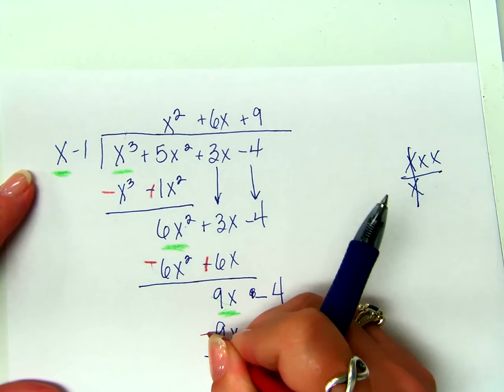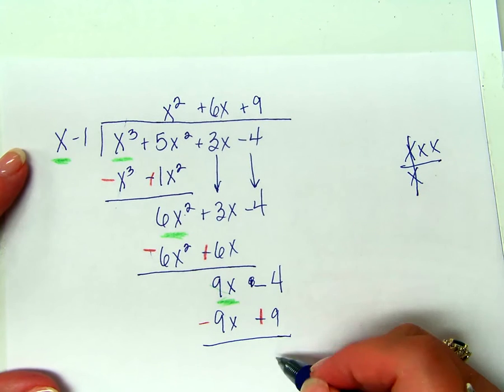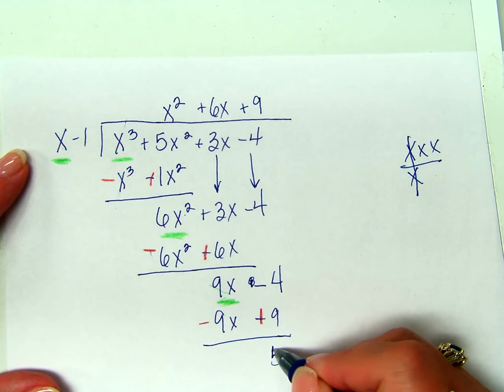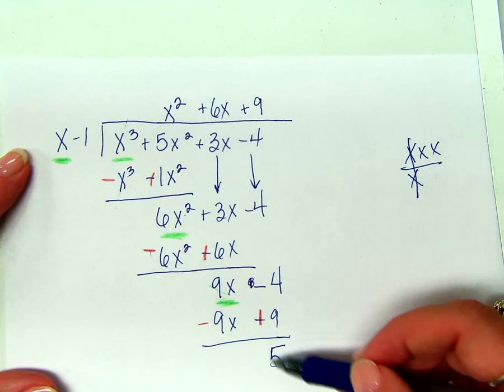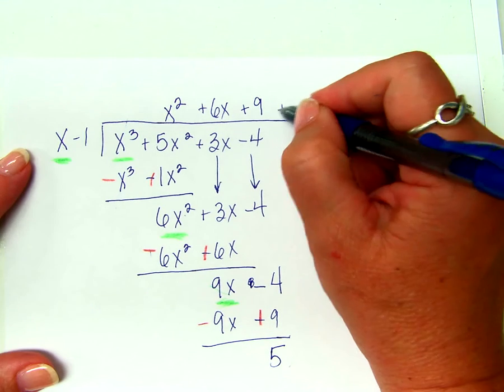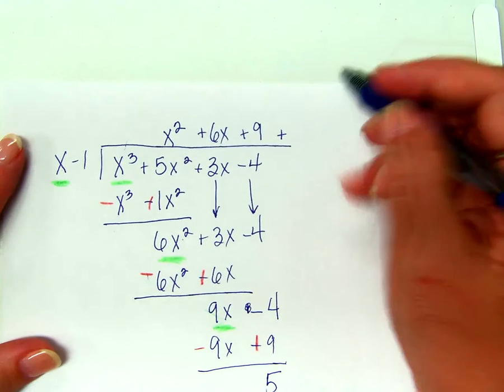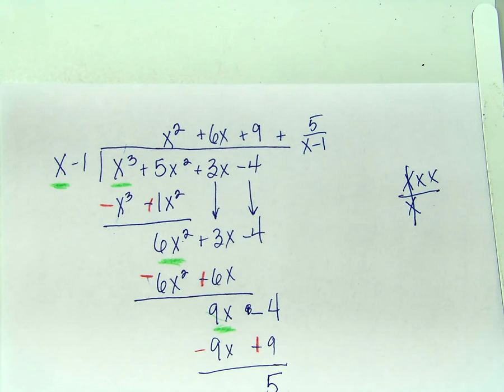Then I subtract each term, which gives us 5. This one's 0, right? Negative 4 and positive 9 is 5. What does that mean we have this time? A remainder. So plus what? Perfect. 5 over x minus 1.